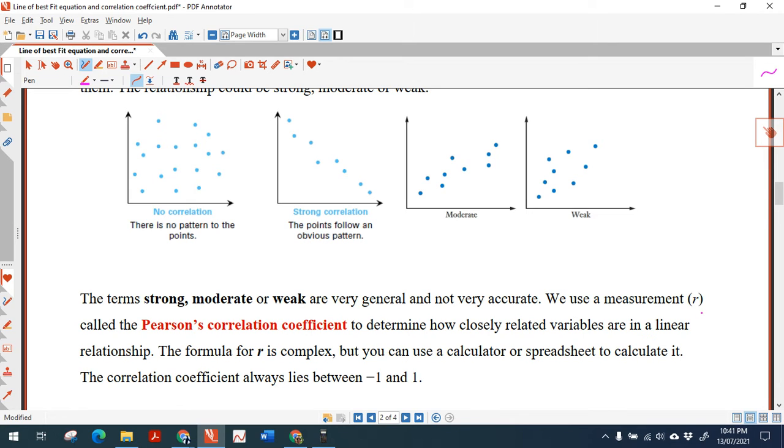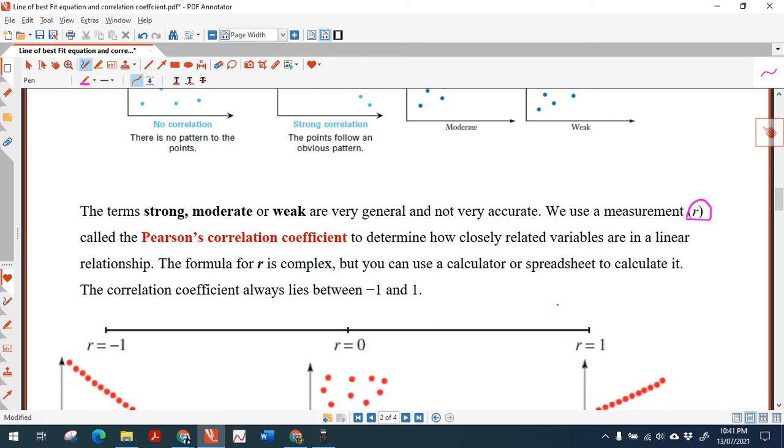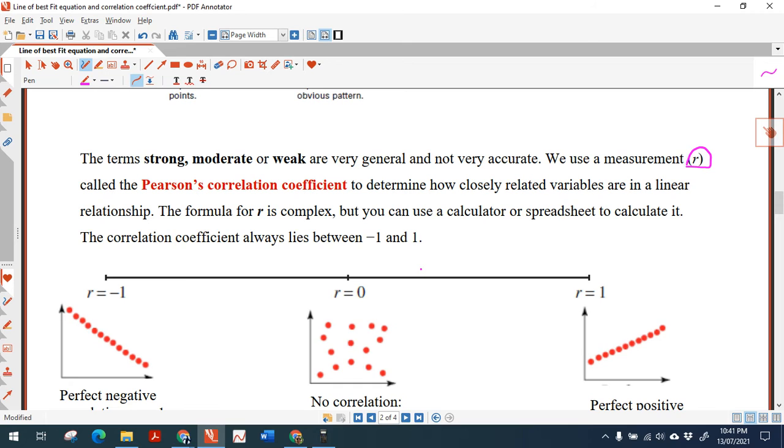And the letter we use to represent Pearson's correlation coefficient is R. R is the correlation coefficient there for Pearson's correlation coefficient. So now that R value will tell us how closely related the variables are. So the values for R go between -1 and 1.